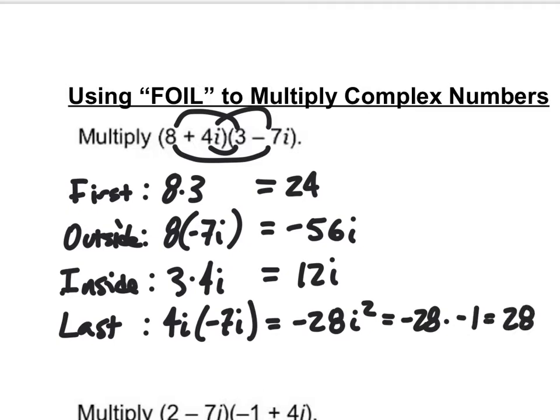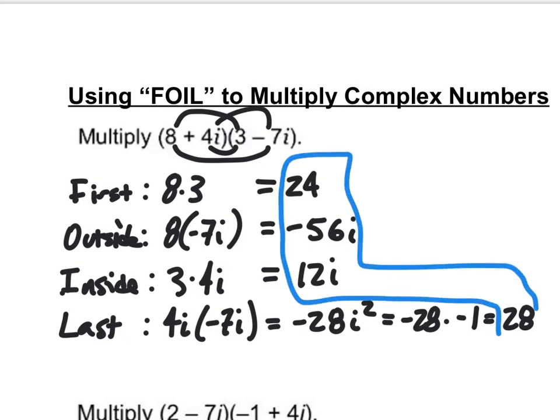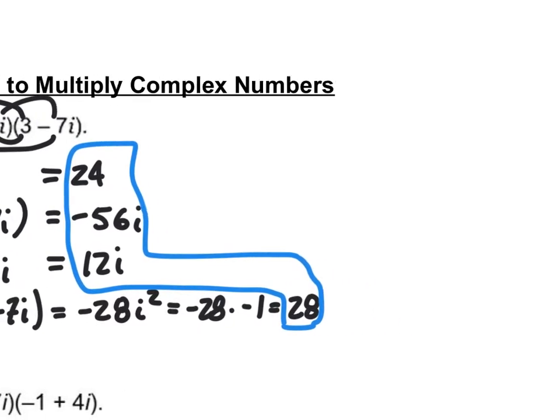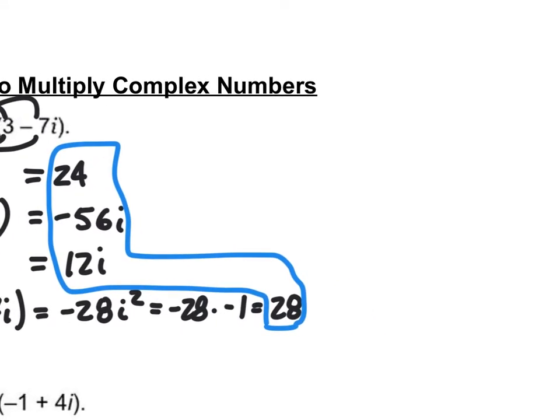So now what I want to do is add all of these numbers up and figure out what we get. I'm going to put them in like-term form. I'm going to do the 24 plus the 28, because those are just numbers that I can combine. And then I've got minus 56i and then plus 12i.